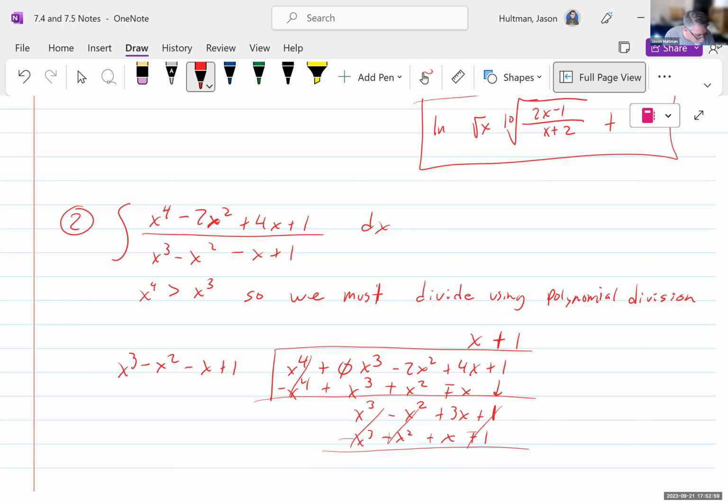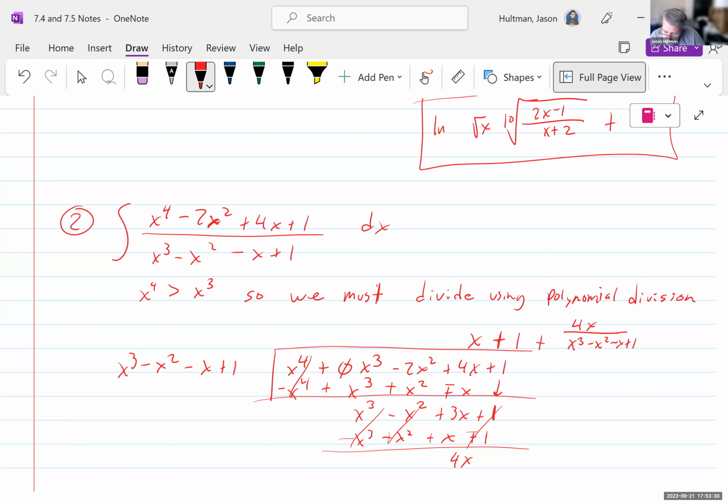Okay, and that's my remainder. So I can rewrite this as plus 4x over x cubed minus x squared minus x plus 1. So now I've written it in a form that has, we've simplified a little bit, and it has 4x over x cubed.